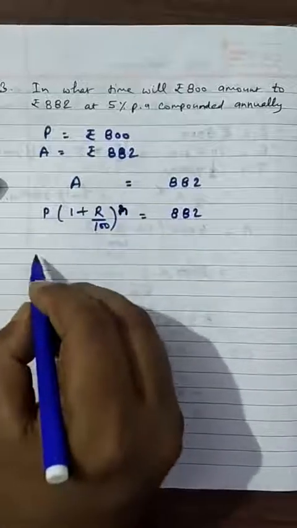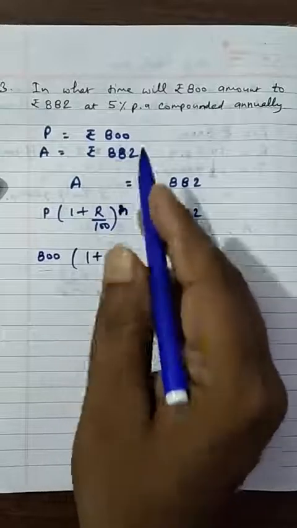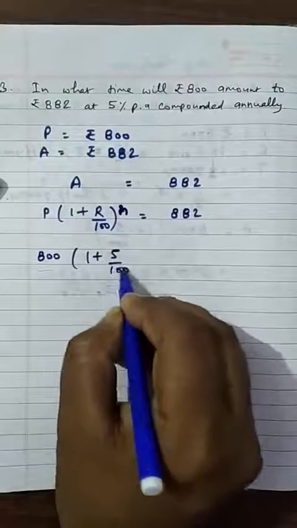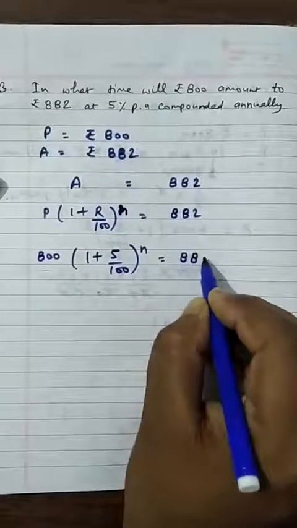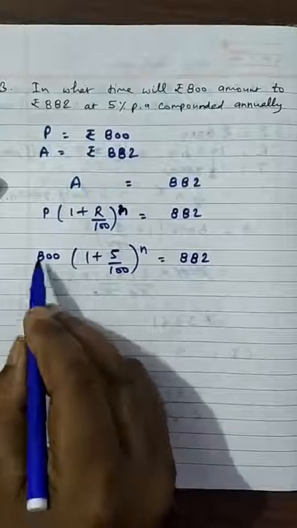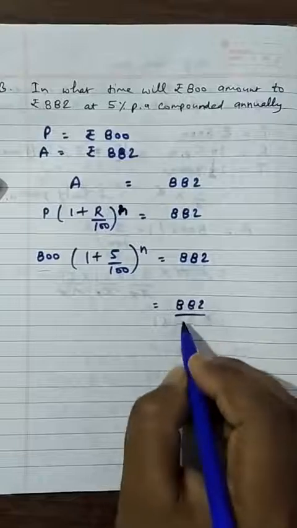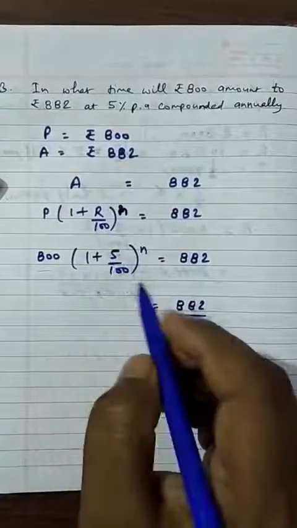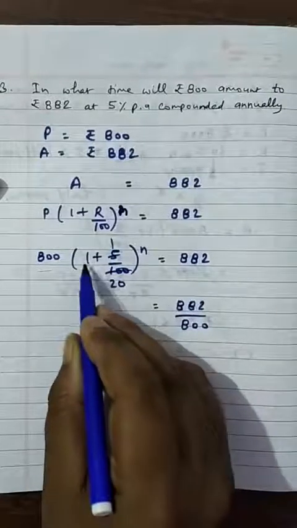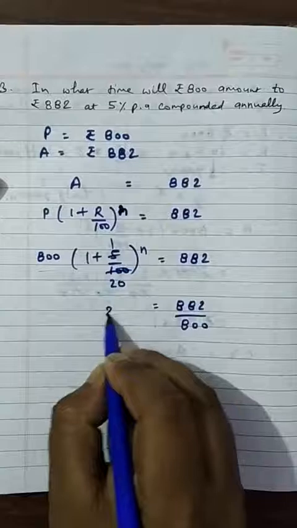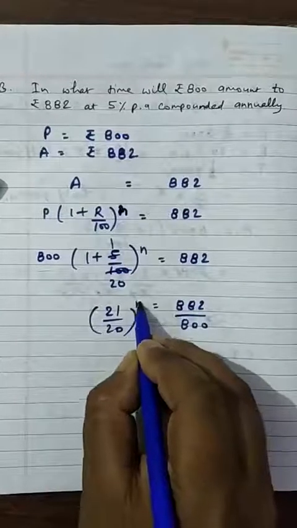Principal is given 800, rate is 5%, this is 882 again. Now this 800 will go down. 5 ones are 5, 2 5s are 10, and 20 ones are 20 plus 1, 21. This is 21 upon 20 powered by n.